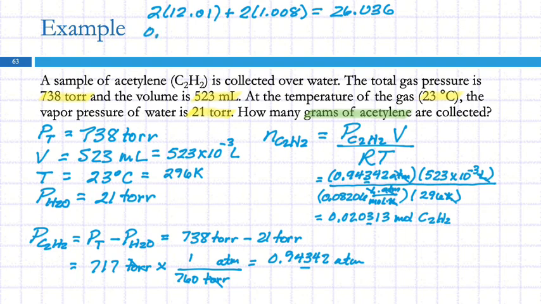So I'll take my moles, and I'm going to multiply by grams and divide by moles. So it'll be 26.086. Except that wasn't, it's not an 8, that's supposed to be a 3.